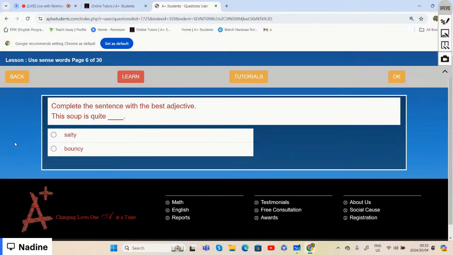The soup is quite salty, option one, or bouncy, option two.